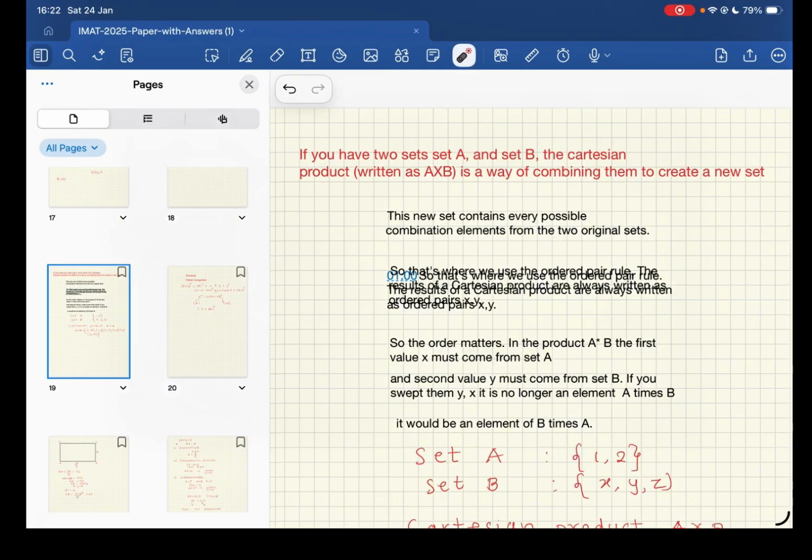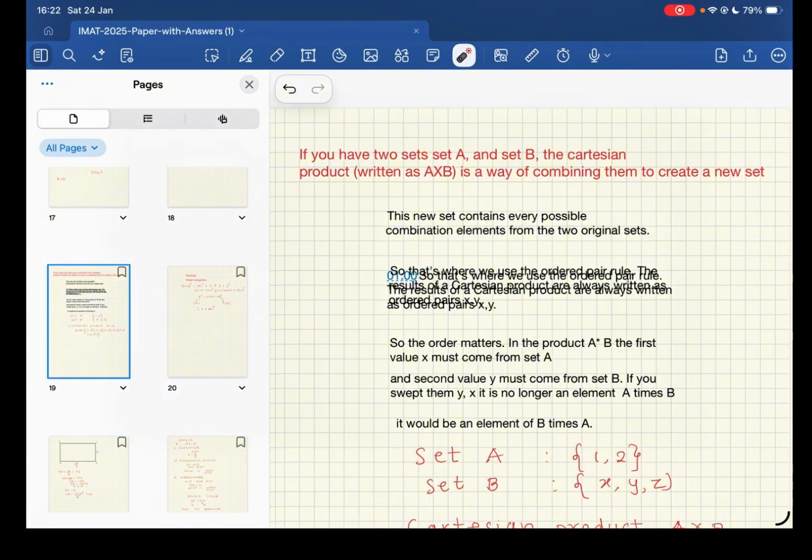This new set contains every possible combination of elements from the 2 original sets A and B.